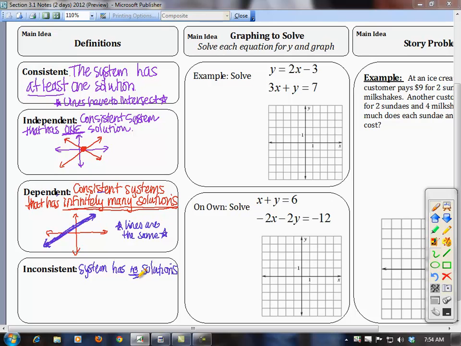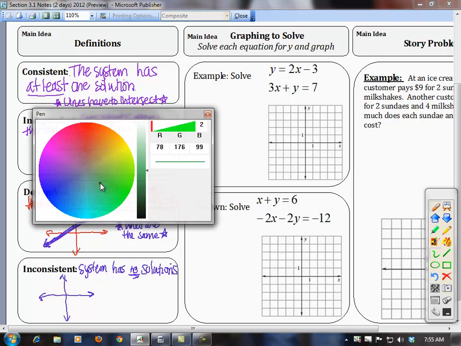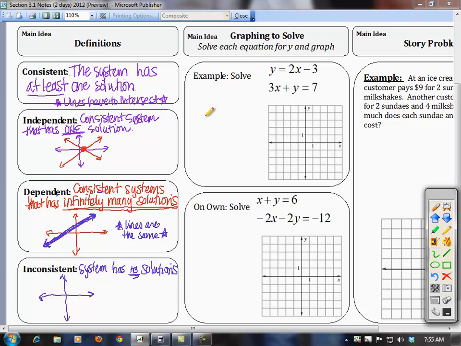So in terms of a graph, because I like to have that picture form there also, let me change my color. Let's go green this time. What it says is when I draw the first line, there is no intersection with the second line. They don't touch at all. And for that to happen, we know in geometry that the lines then have to be parallel.